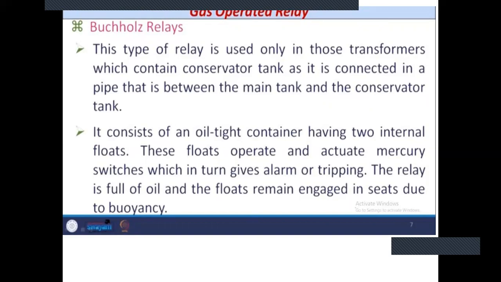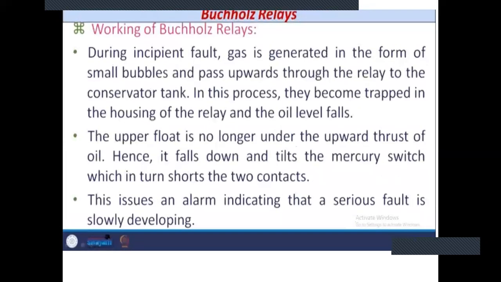Okay, so the relay is full of oil and the floats remain engaged in their seat due to the U and C effect. Now let us discuss the working of the Buckholz relay.